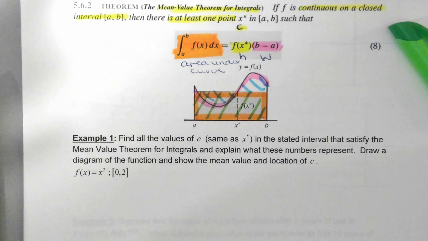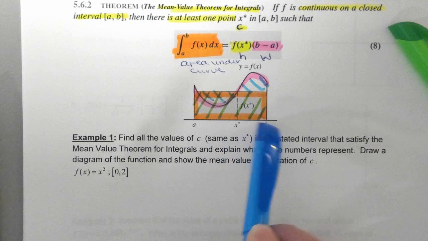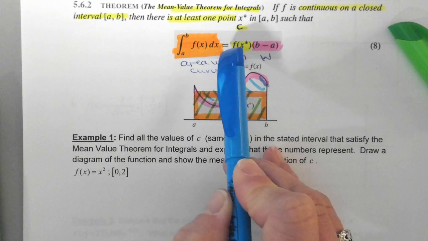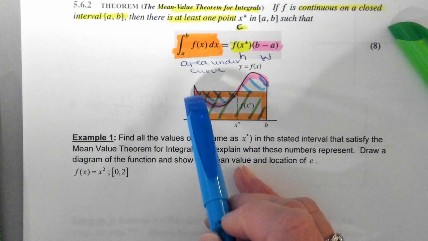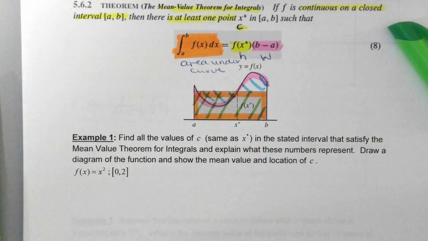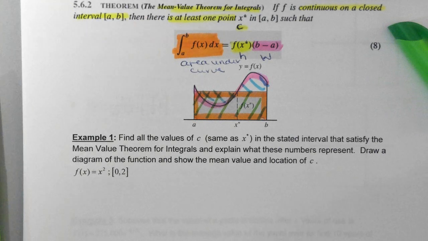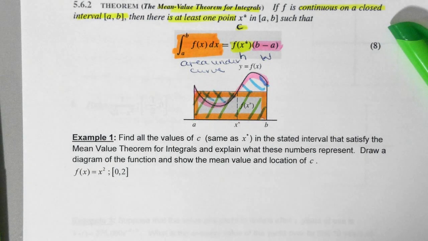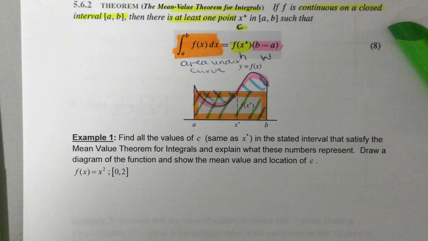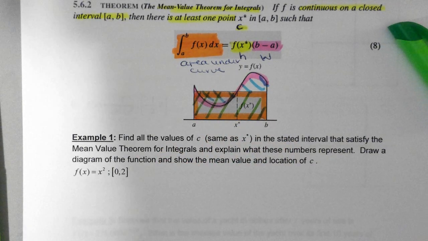So this is why, if I know what this function is right here, I could integrate it from a to b, and I could set that equal to the height times the width. And what they're saying is there is some unknown value, and we're calling it either x star or c. It's just a value in between a and b, where there's going to be a point where the area above the curve and the area below, meaning this and this, would be equal to each other. And that's what we're trying to identify.